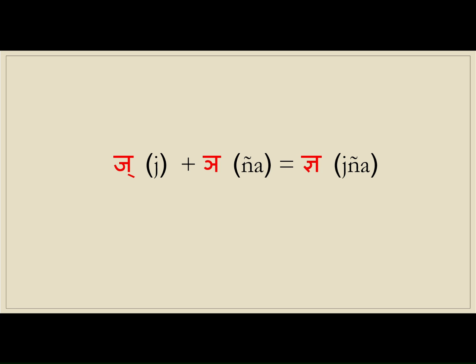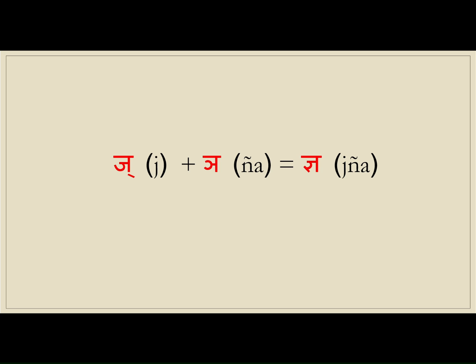So say ja nya, ja nya, and then try to remove the schwa at the end of ja, and then you get the sound nya. Now it does sound like a g sound a little bit, but you will realize this is a palatal sound. Rather than being the guttural sound of gya, it is a palatal sound with nasalization.